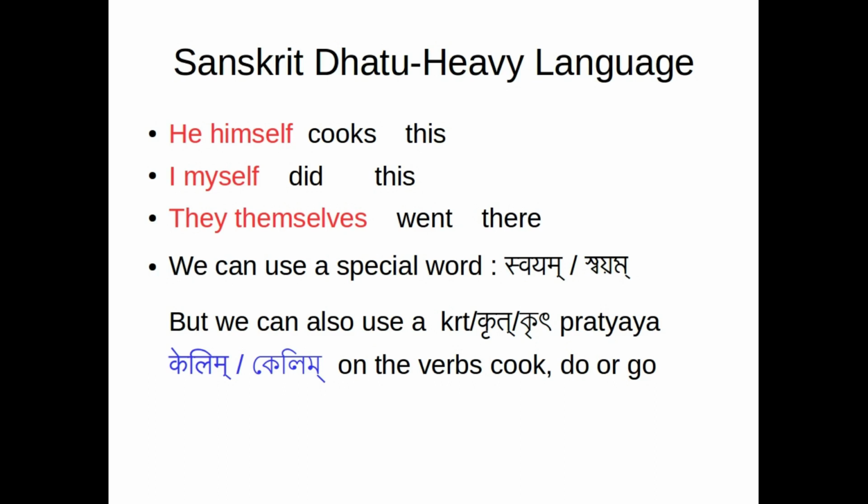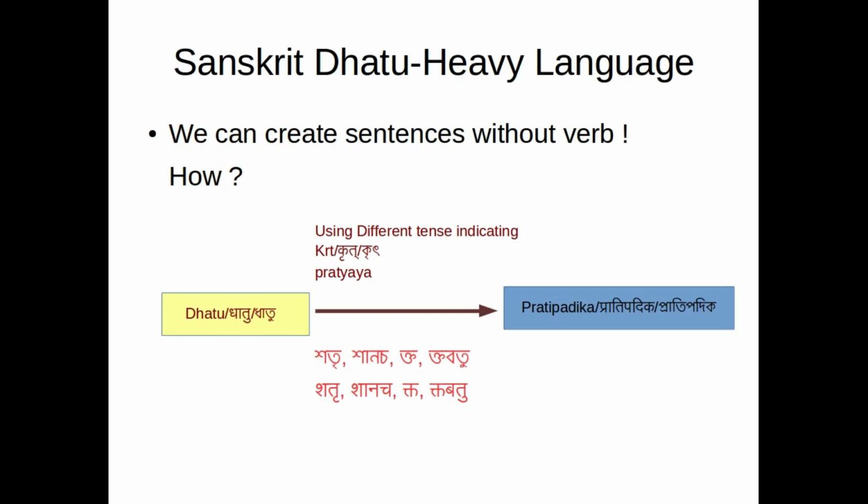It has a lot more complex mechanism to express a concept, to express relation between words. Let me give another example of how dhatus are used. One can create a sentence without a verb in Sanskrit. How?